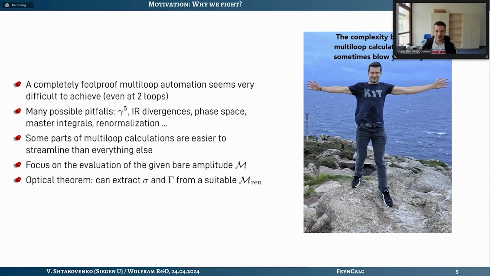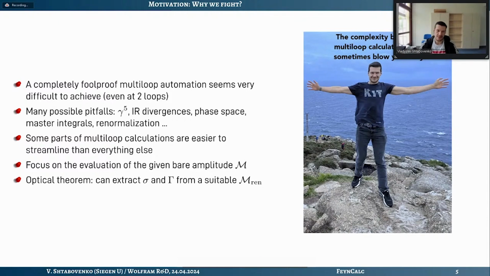However, the point I would like to make is that some parts of this multi-loop calculation are actually easier to streamline than everything else. And for that matter, I would like to focus on the evaluation of the so-called bare scattering amplitude, called M.